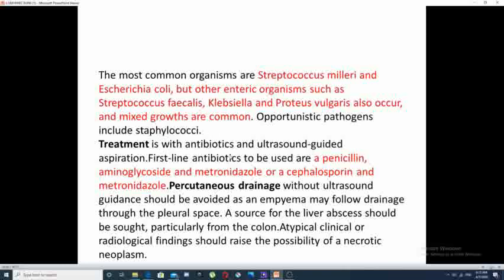How to treat a patient with pyogenic liver abscess? By antibiotic and aspiration under ultrasound guide. First line for antibiotic are penicillin combined with aminoglycoside and metronidazole, or cephalosporin and metronidazole.